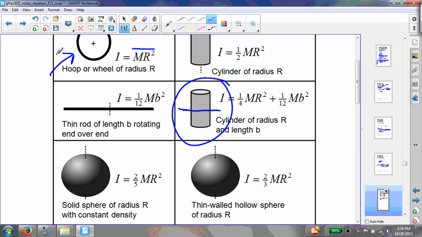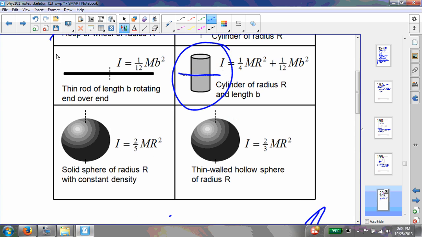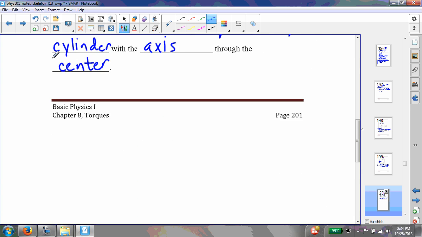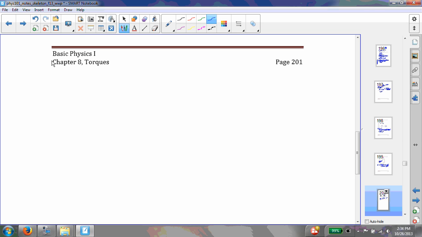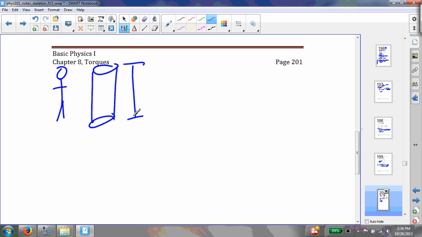Okay, so we can make some assumptions about the mass and the radius of each of these. So if this is Richard Pryor, we're going to treat him as a cylinder. That cylinder will be about the height, which is going to be 2 meters.